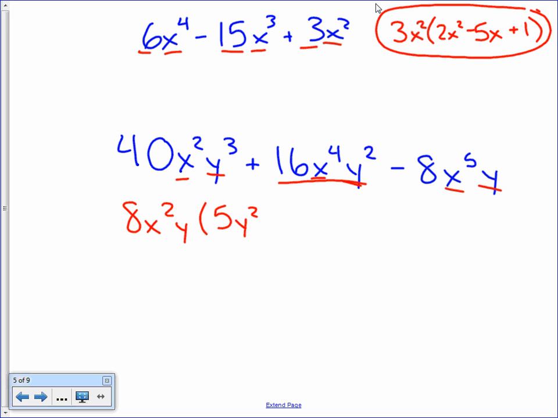To get 16x to the fourth y squared, I need a 2. How many more x's do I need? I need x squared, and I need a single y. And then a negative 1. You can think of it as a 1, but you don't really even need that 1. I have x squared. How many more do I need to get to 5? That'll be x to the third. And I have a y. I don't need any more to get to y. So just minus x to the third for that one.